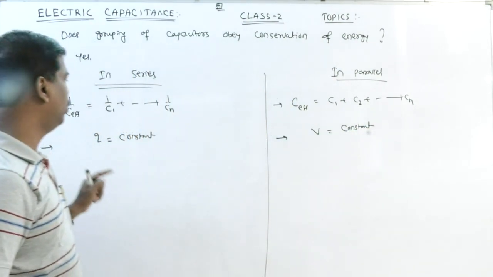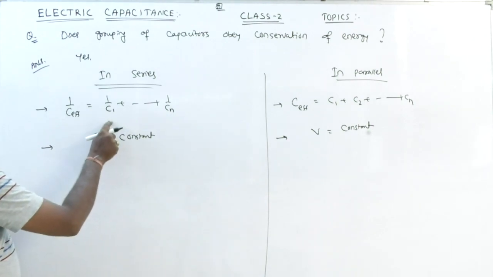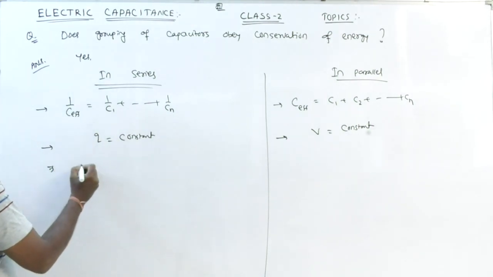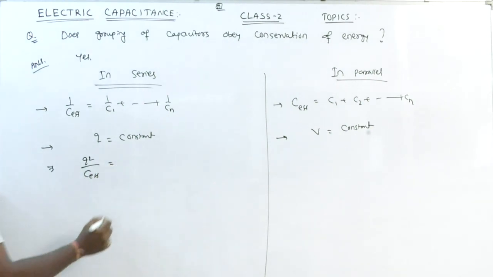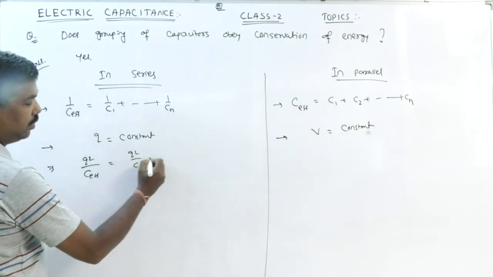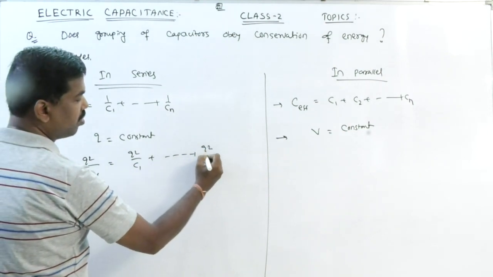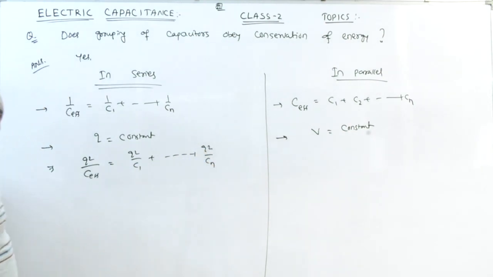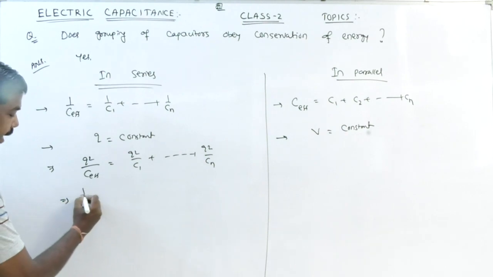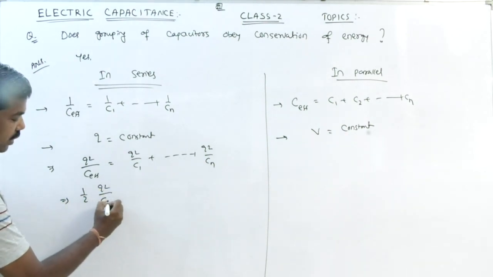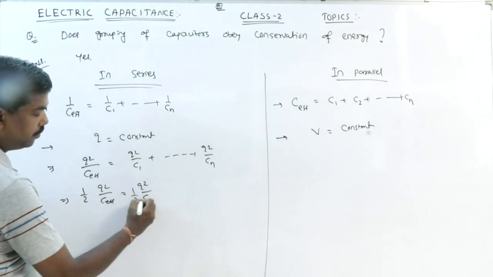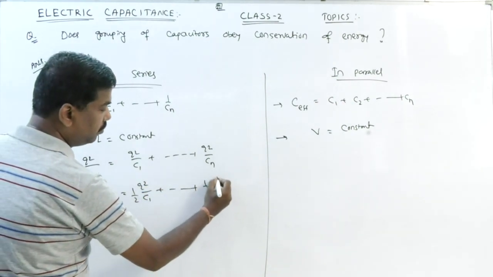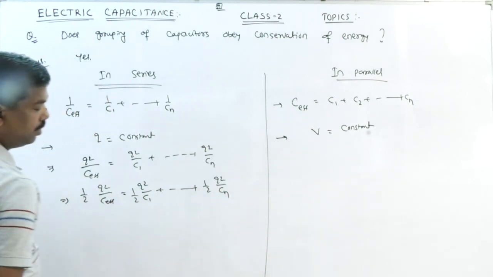So, I would like to multiply by the square of Q. Therefore, Q square by C effective is equal to Q square by C1 plus ... plus Q square by Cn. I can write half Q square by C effective is equal to half Q square by C1 plus ... plus half Q square by Cn.